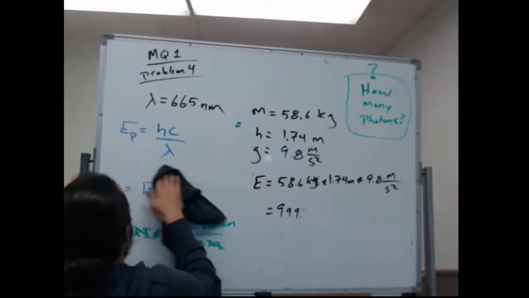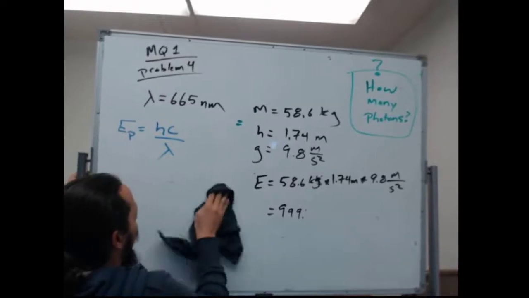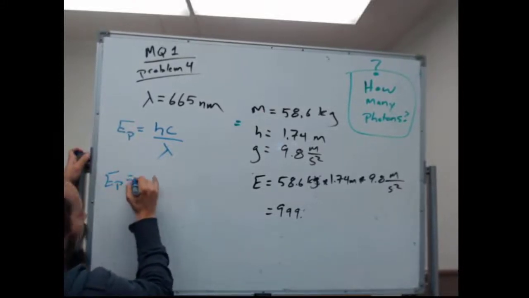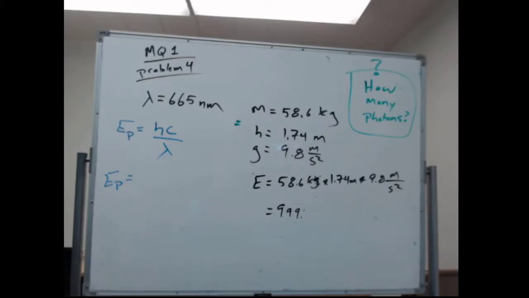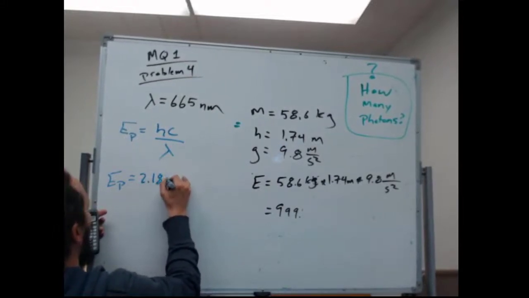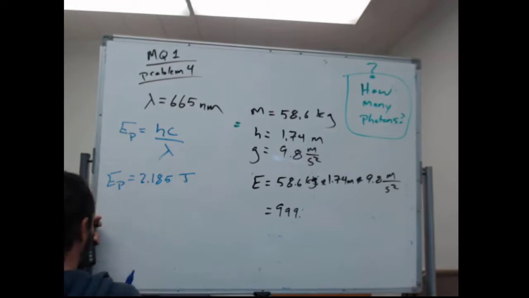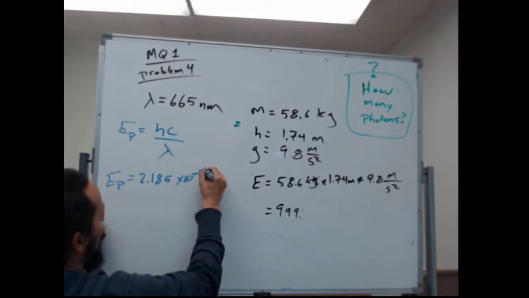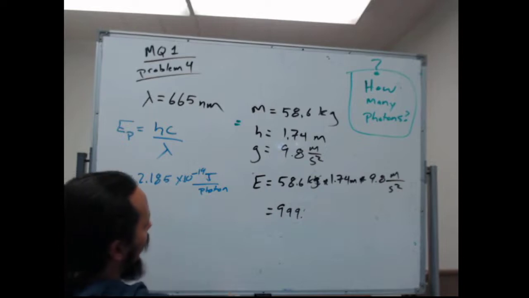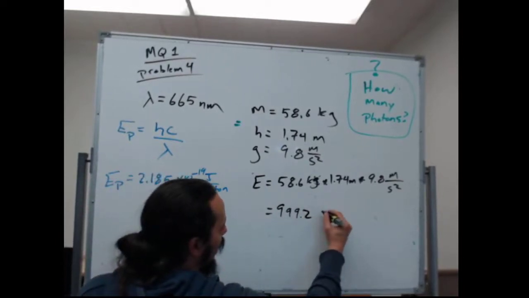So I like to think about it back to that number we calculated before, where we had the energy of the photon in terms of just the single photon. 2.185 times 10 to the minus 19 joules per photon, versus 999.2 joules.